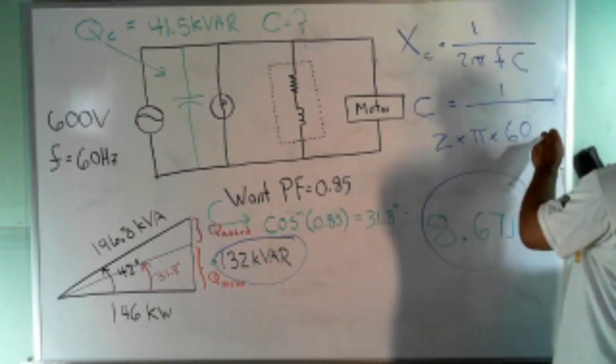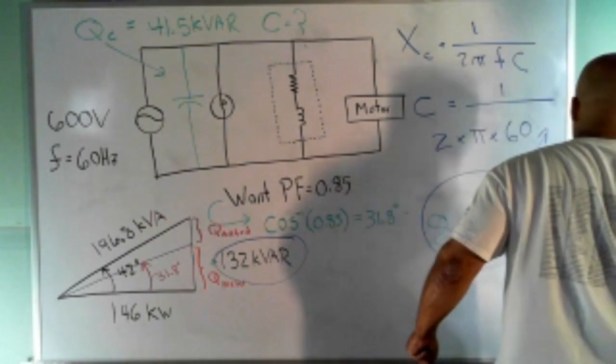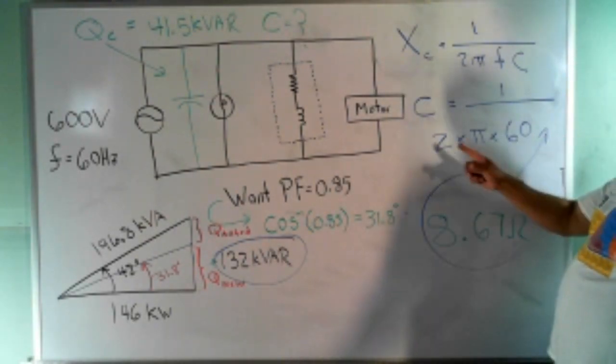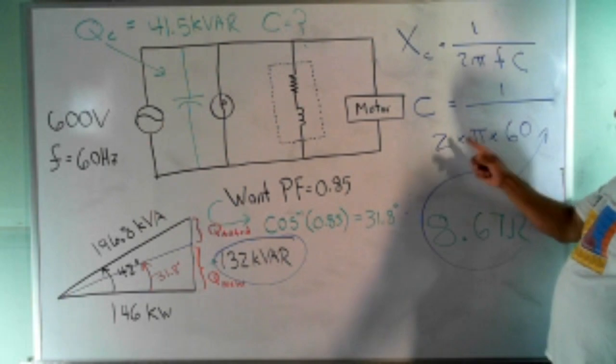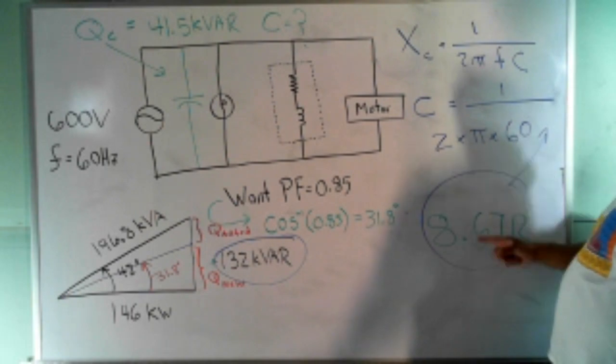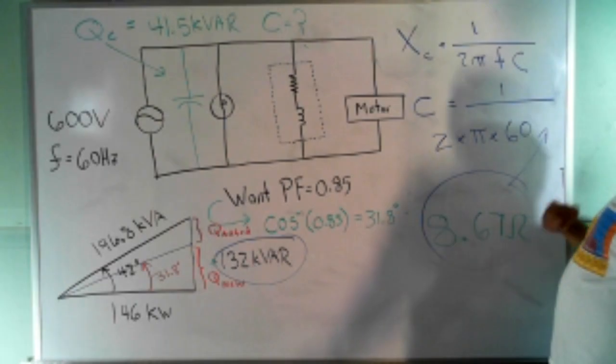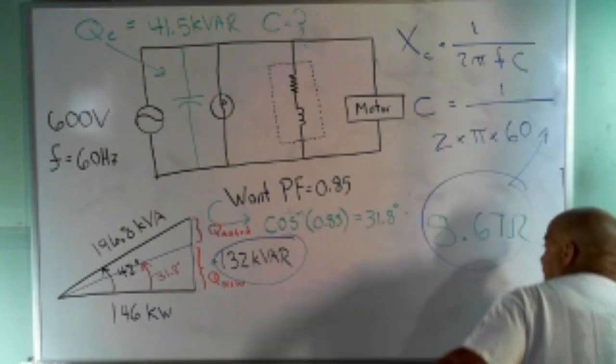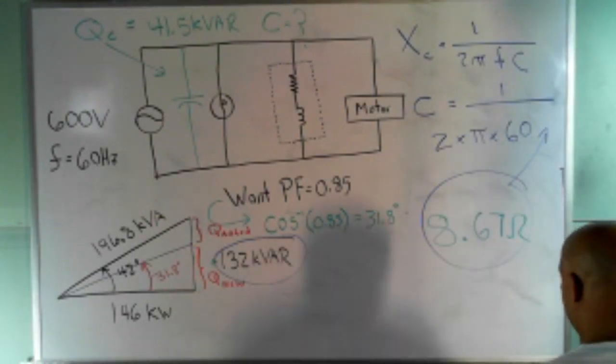You're going to stick that right there. On your calculator, you don't have to do the division thing. You can use your reciprocal key. Just do 2 times pi times 60 times 8.67 equals, then hit your reciprocal key and let me know what you get. That's the answer we're looking for.